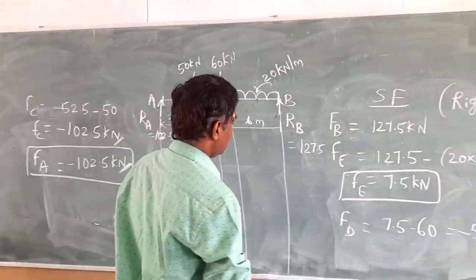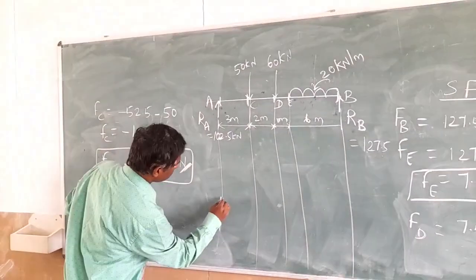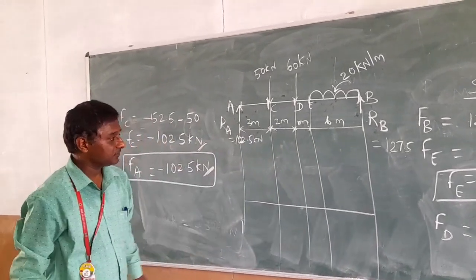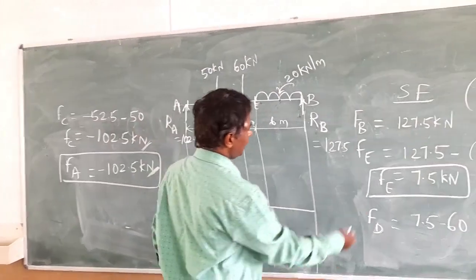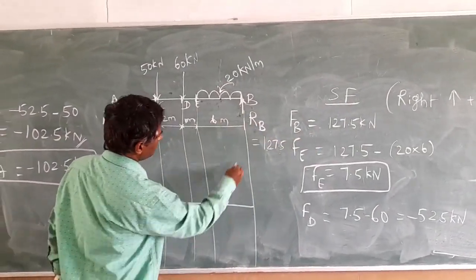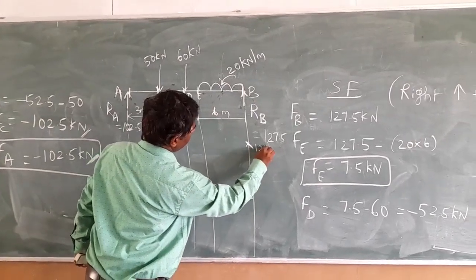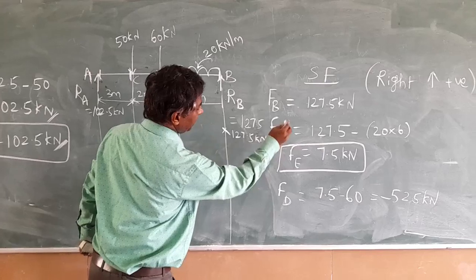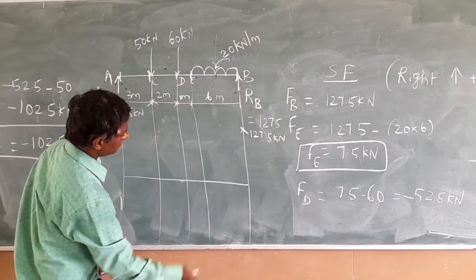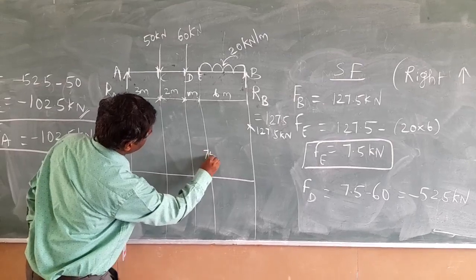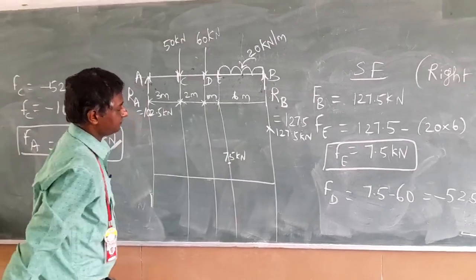Okay. So now let's draw the shear force diagram. It will be a zero shear force line. Now just placing the values: FB at B point is 127.5 kilonewton. At point E it is 7.5 kilonewton.